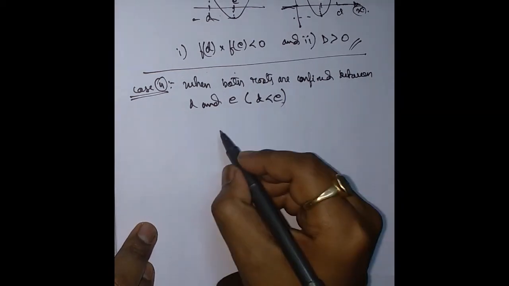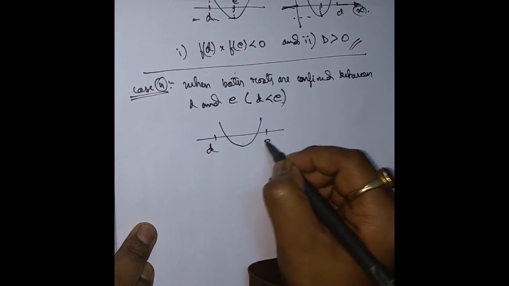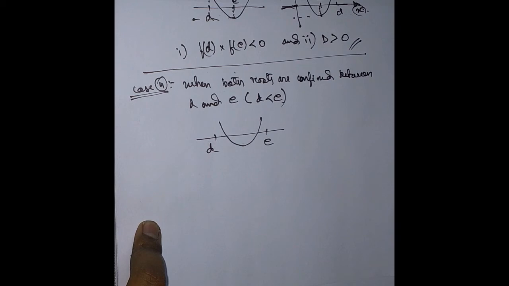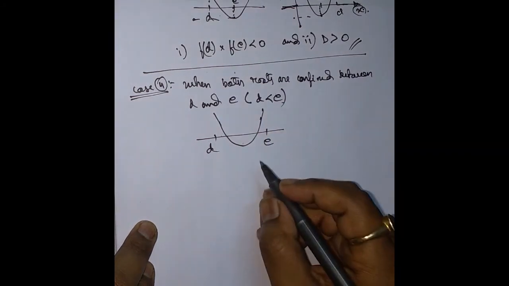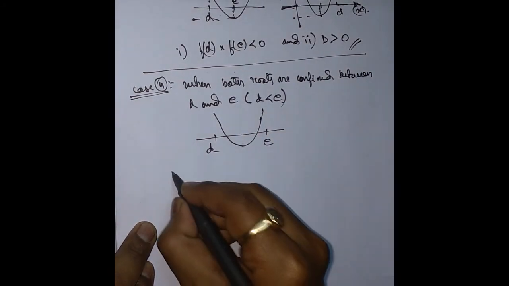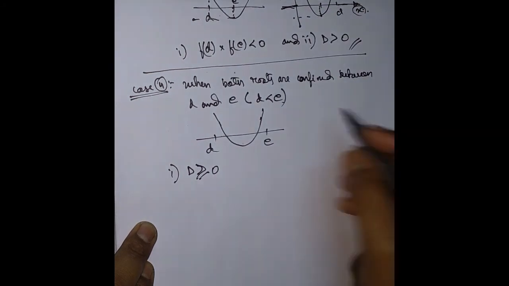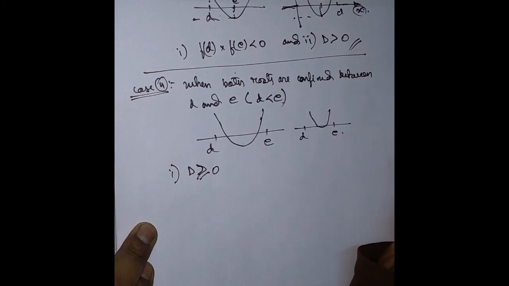It is d, it is e. What do you find? Number 1 condition, as universal, D is greater than or equal to 0. It can also be like this: d, e.